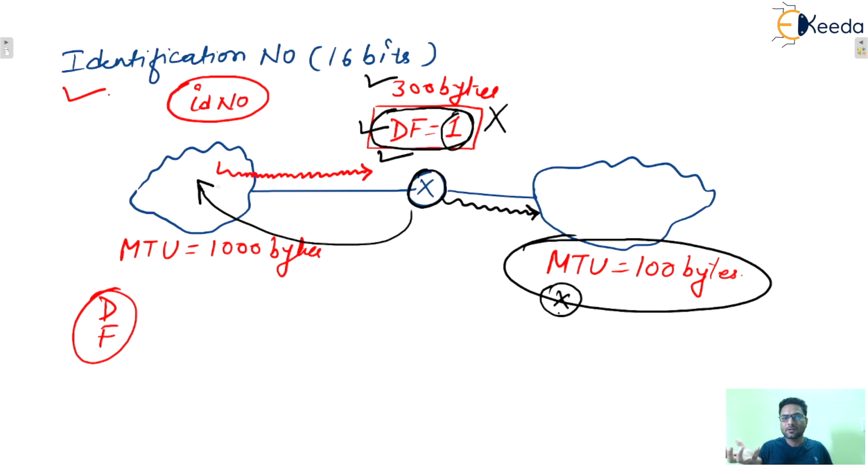Then the sender will realize that the size of our datagram was too high, so the sender itself will reduce the size of that datagram next time. I hope this one is clear to everyone.